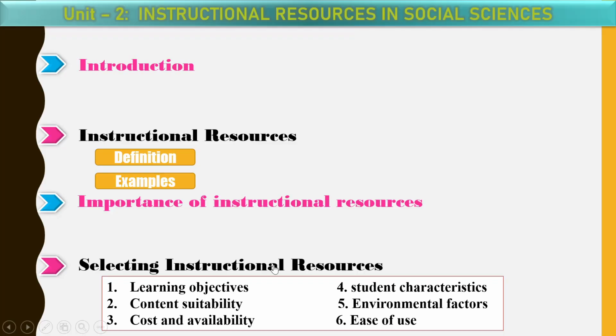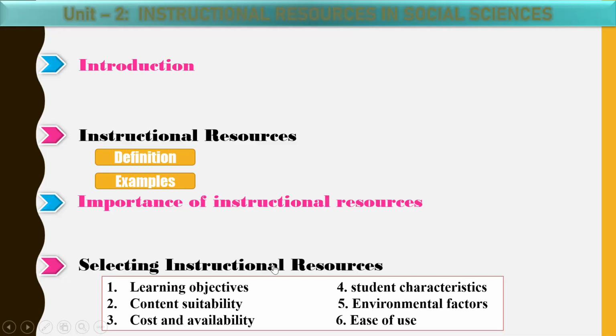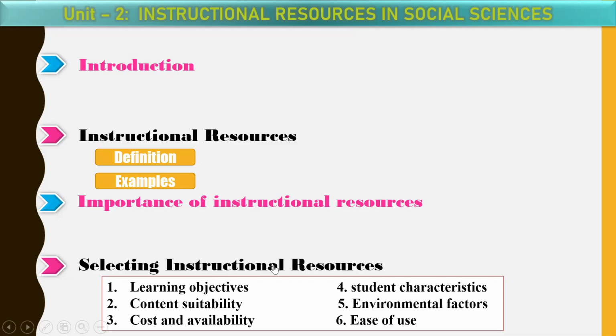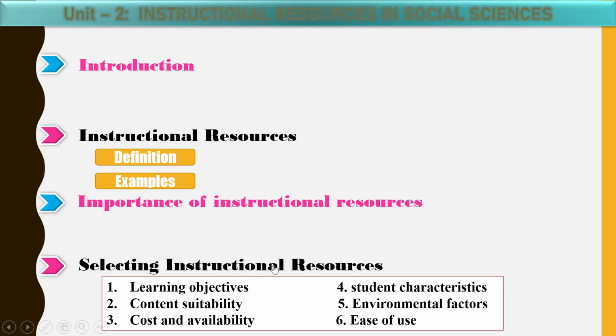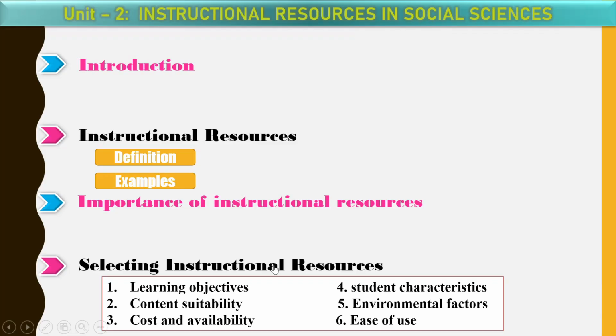So let us find out what aspects we look at when we have to choose a particular instructional resource. The first thing we should remember is learning objectives. What are our learning objectives set for the students? The chosen material should align with the specific learning goals of the lesson.